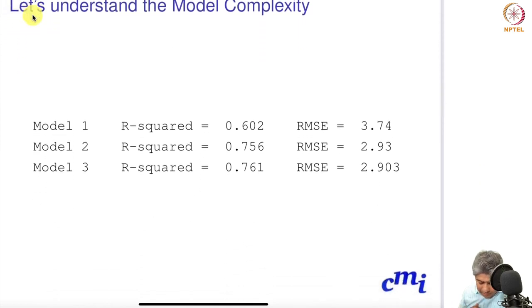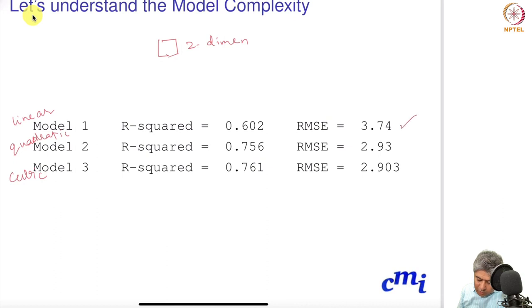These are the 3 models. This one was the linear, this one was the quadratic, and this one was the cubic. Remember that my data is always in 2 dimensions.